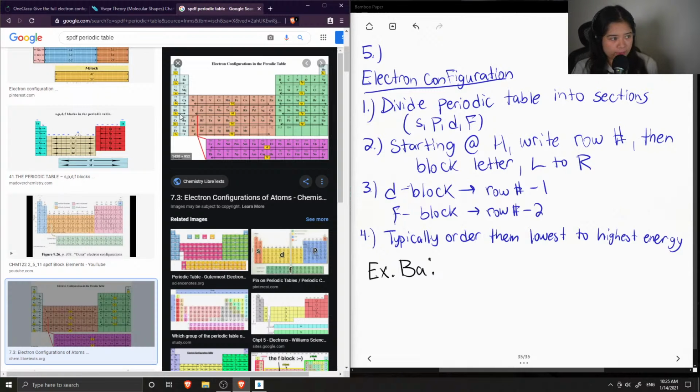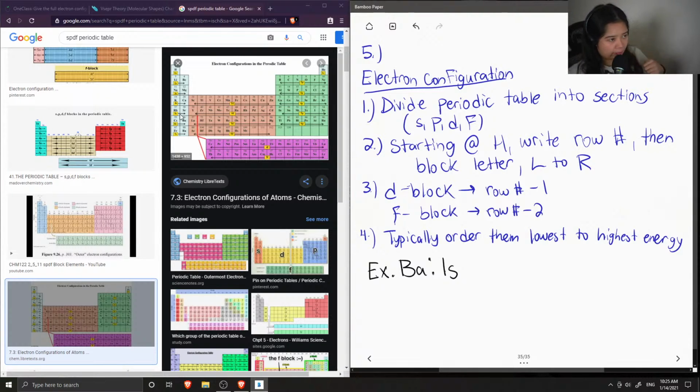Let's start from hydrogen and write the row number, which is 1, and the block letter, which is s. To show how many electrons are in the orbital, we write it as a superscript. So 1s2 shows that there are 2 electrons in this 1s orbital.